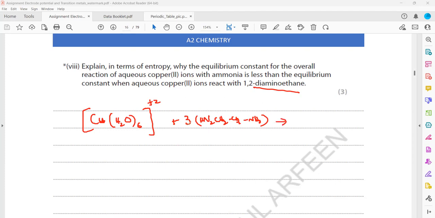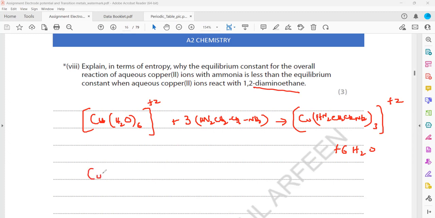When the reaction occurs, it produces Cu(NH2CH2CH2NH2)3, and the charge is the same as that of the positive ion since the ligand is neutral, plus 6 water molecules. So the total increases, with 4 particles turning into 7.